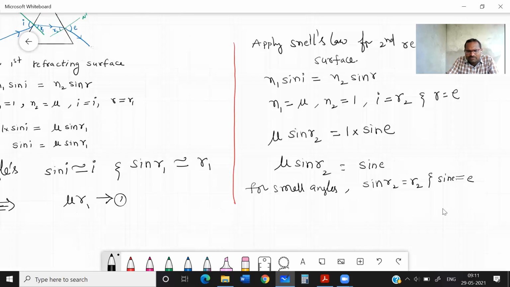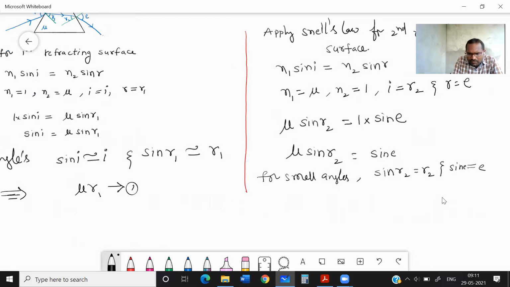What you will get? You will get mu into R2 is equal to E. This is equation number 2, let us call it.